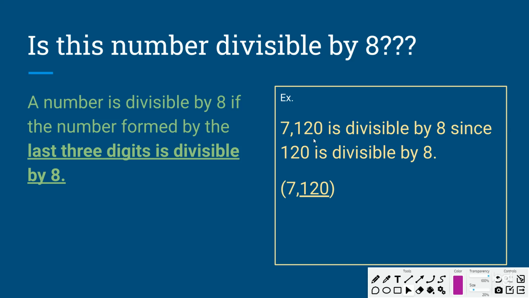So for this one, I have 7,120. This one is divisible by 8, since 120 is divisible by 8. And 120 divided by 8 is 15. So since we can divide 120 by 8 and get a whole number, we know that this entire number, 7,120, can be divided by 8 as well.